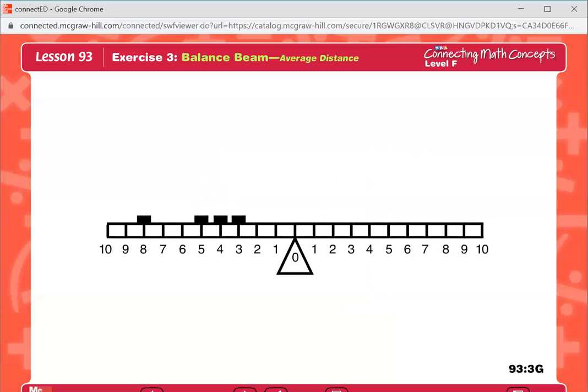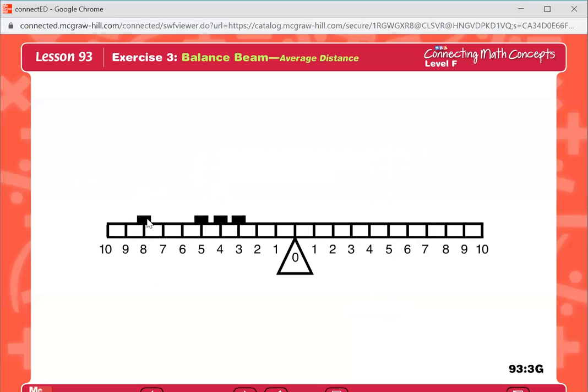So figure out the average of this balance beam. Pause the video now to work. Okay, so what you should have done is added 8 plus 5 plus 4 plus 3. Then you're going to divide by how many weights?